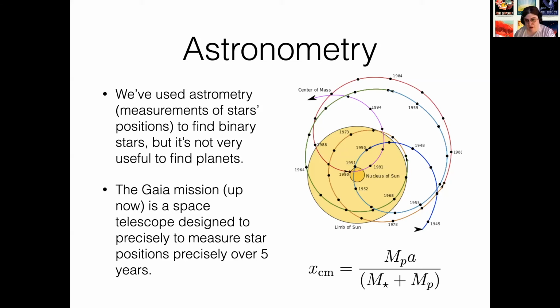So this is a diagram of our sun and what the solar system center of mass does relative to the sun. You can see it mostly stays either within the sun or within about a solar radius of the sun. And most of this motion is Jupiter and Saturn, and it changes very slowly.